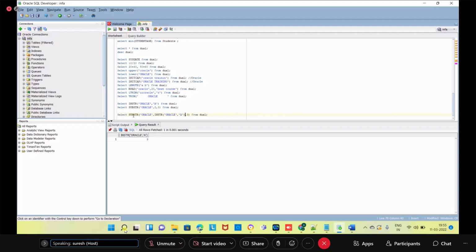We can combine these two commands, so we are pulling out the characters from this string from the position where A started, and then till three length.